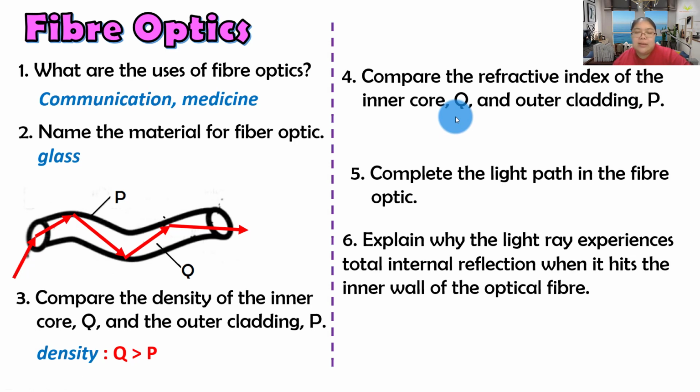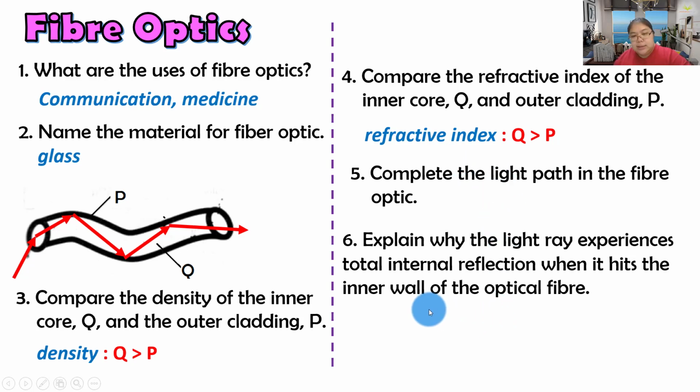For optical density, P is less dense, Q is denser. So when density is higher, the refractive index also becomes bigger. Actually, they are directly proportional, which means it is easier for total internal reflection to happen. So from here, the optical density of Q is higher, which means the refractive index is also higher. So your answer is Q is bigger than P.